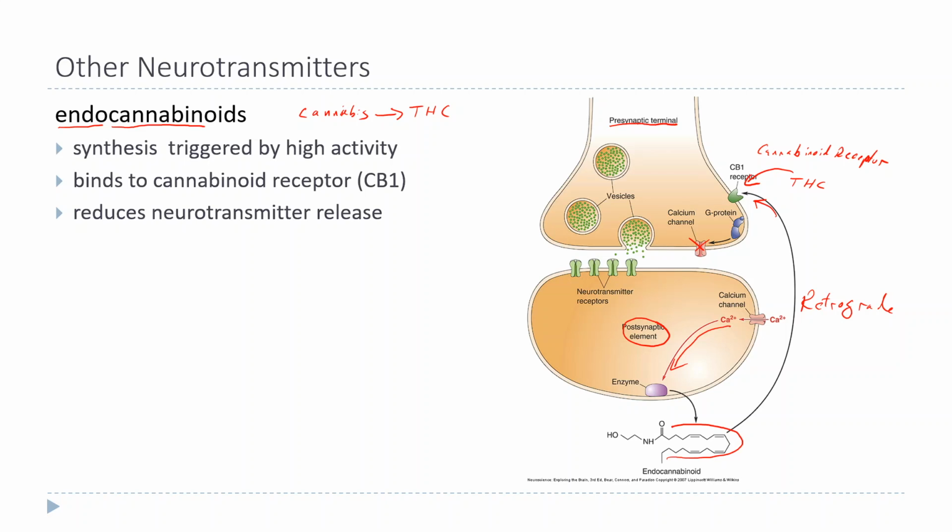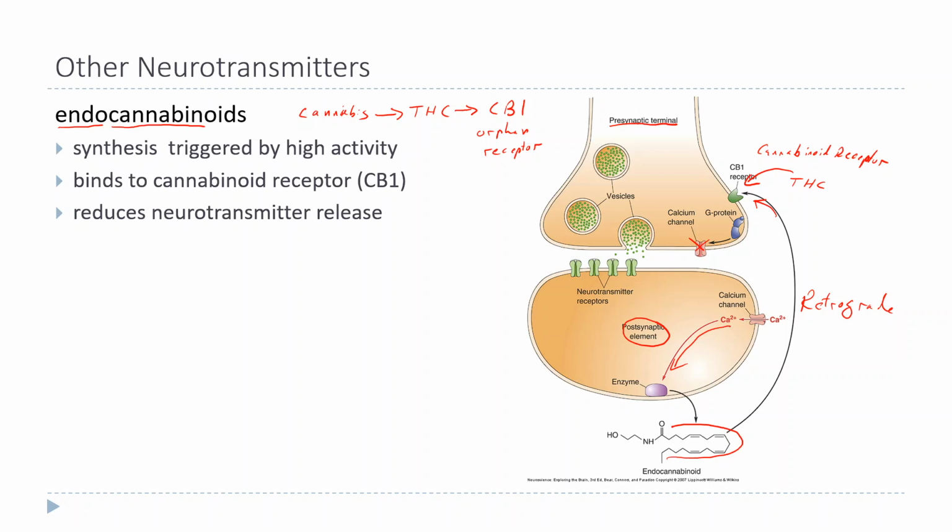In fact, at this point, when you have a receptor that binds to an exogenous drug like this, in this case CB1, we call it an orphan receptor, because we know that it's a receptor, we know that it binds to something in the brain, but we don't know what the ligand is. So until it has a ligand, we call it an orphan receptor.